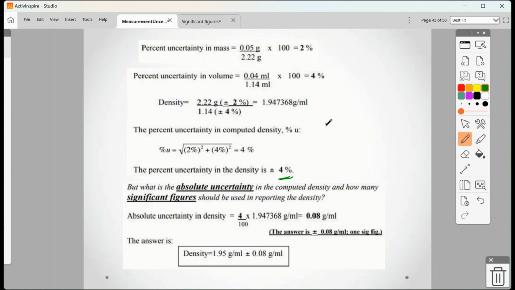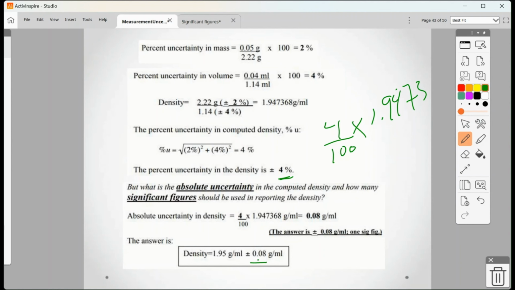This 4% divided by 100 because it's a percent, and then multiplied by the value, which is 1.947.